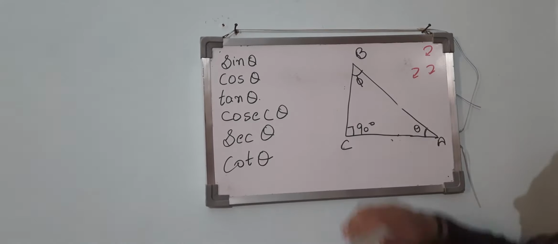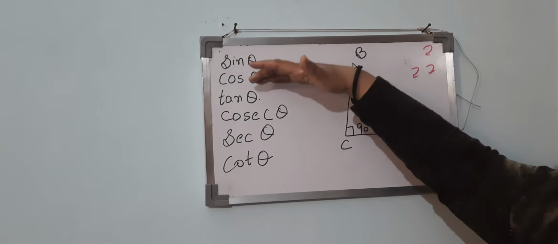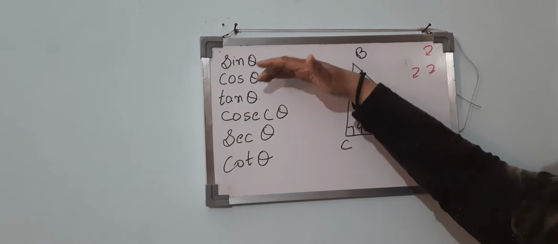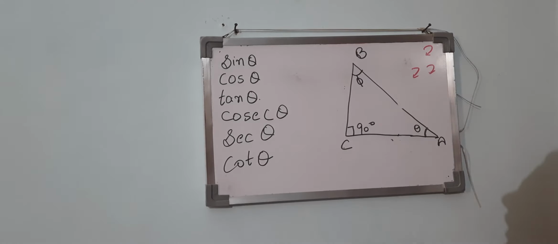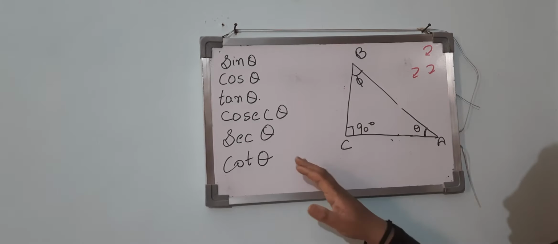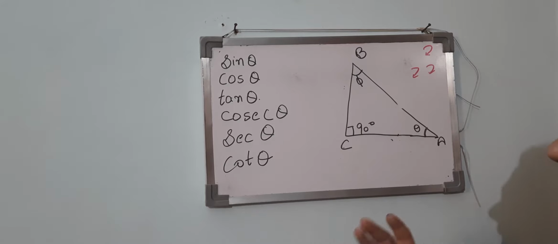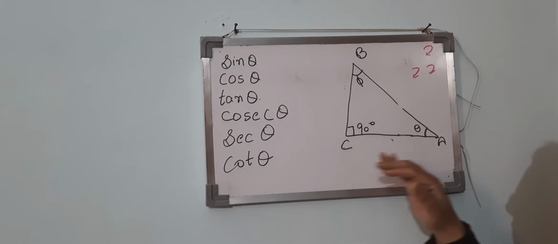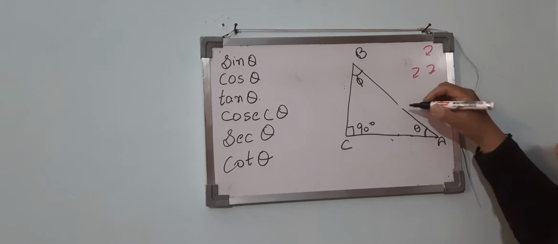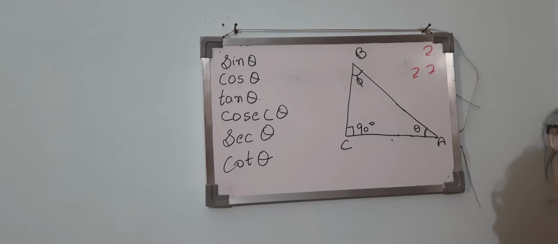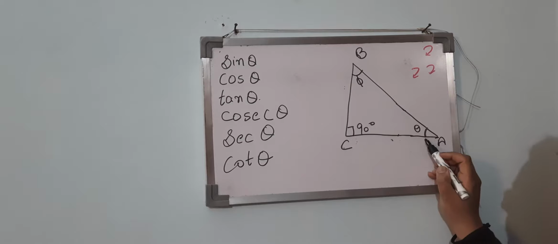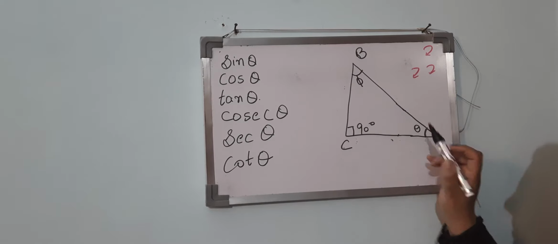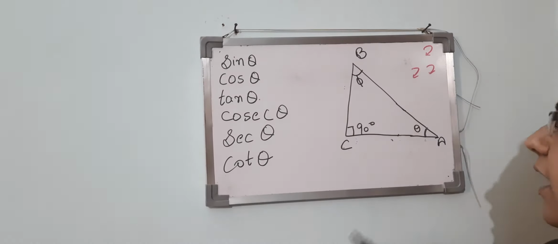Trigonometry basically depends on these ratios: sine theta, cos theta, tan theta, cosec theta, sec theta, and cot theta. These can be calculated and solved on the basis of a right angle triangle. Here one angle is 90 degrees and the other angles, let us suppose, are theta and phi.